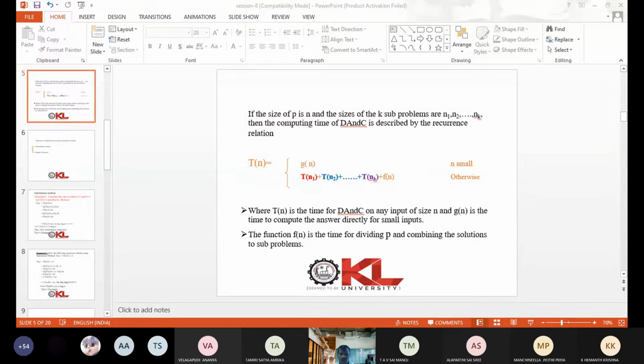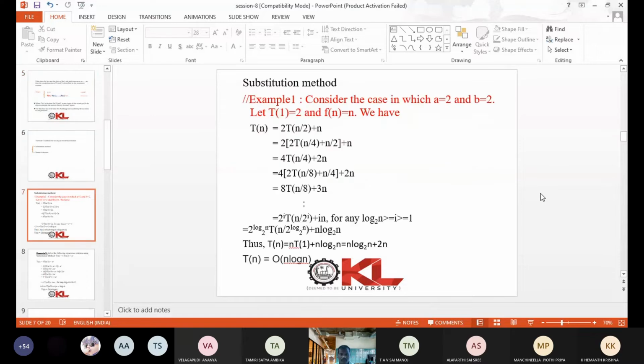This is the example we have solved by using the substitution method, and it is n log n.